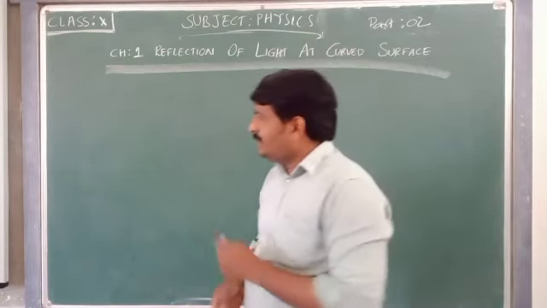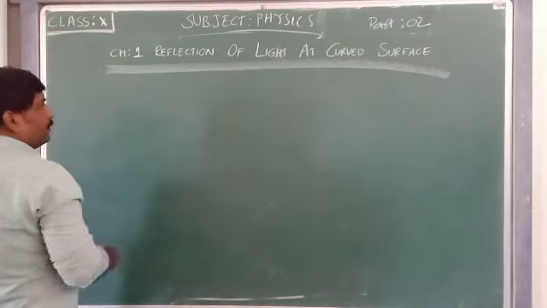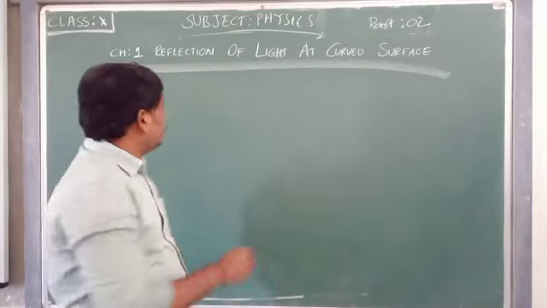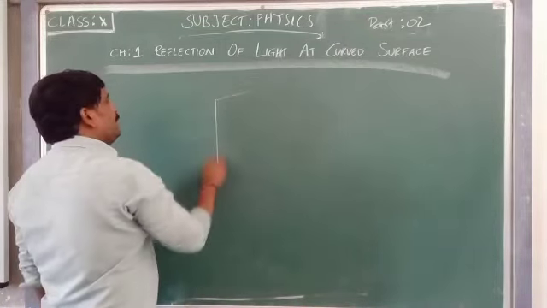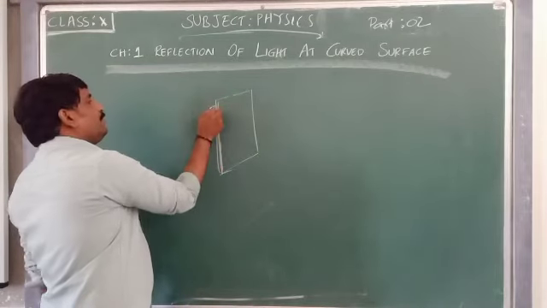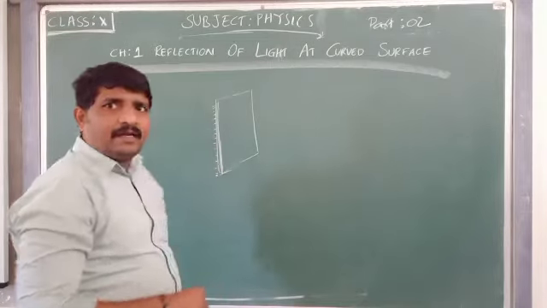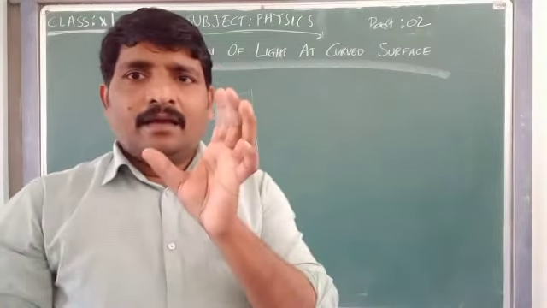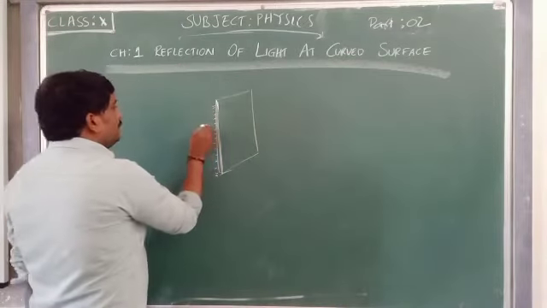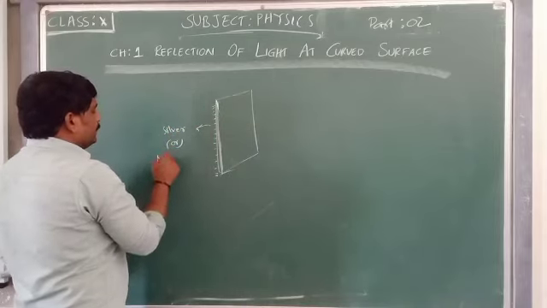For the continuation of this, we are going to discuss how the plane mirror looks. Everyone is familiar with our plane mirror. Okay, this is a plane mirror. If you observe the back of the plane mirror, there will be a painting. Under the painting, actually, there is silver or aluminium.